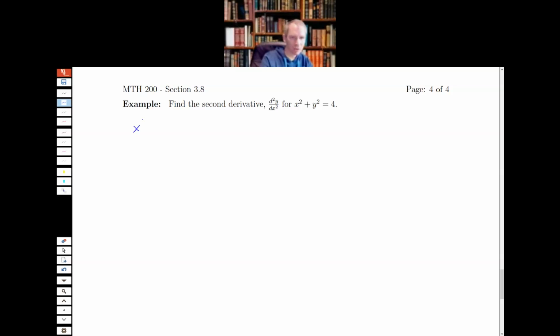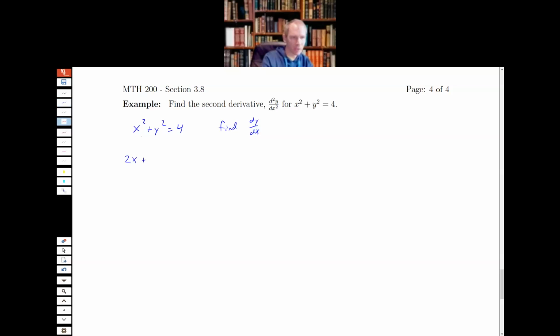Okay, so I'm going to start with x squared plus y squared equals 4, and I want to find the derivative dy/dx. Okay, and we went through this. This is a circle of radius 2, so we did something just like this a minute ago, but let's go ahead and work it out. So when I differentiate both sides, the derivative of x squared is 2x.